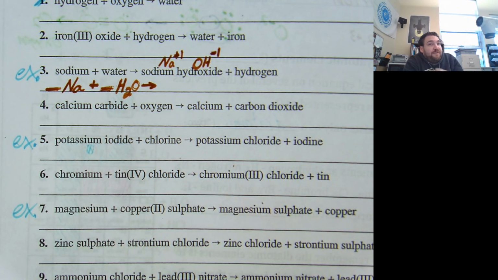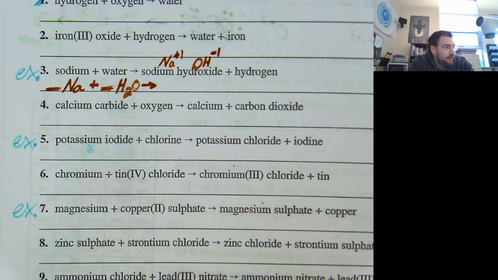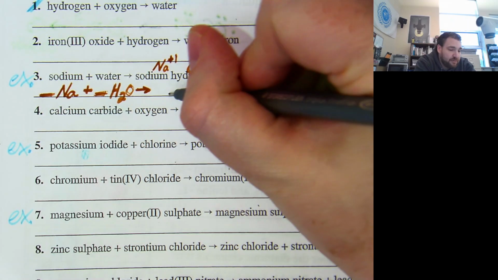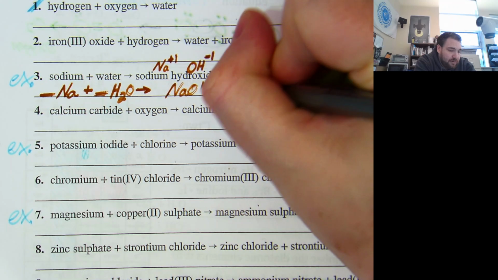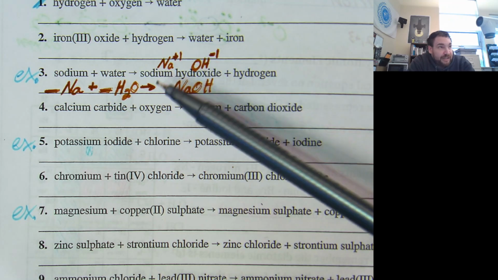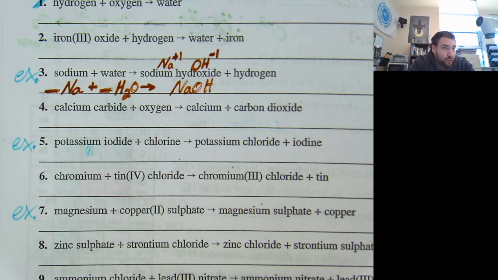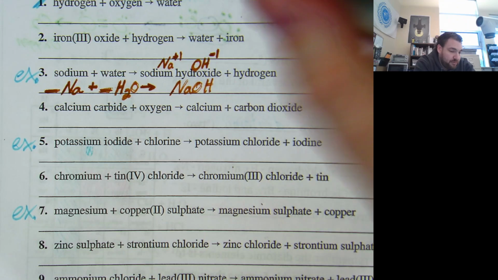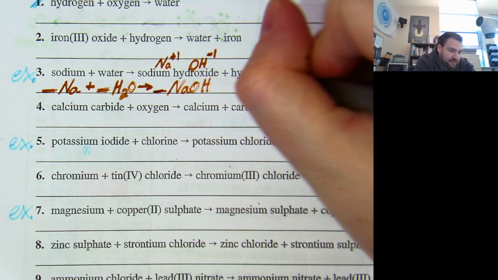So when I'm building the formula for sodium hydroxide, what's the formula going to be? It's just going to be NaOH. Because if this is +1, this is -1, I only need one of each to balance those charges. Cool, we've done that piece.